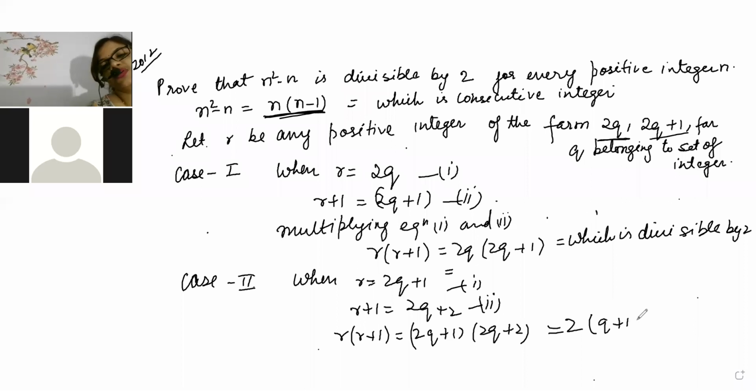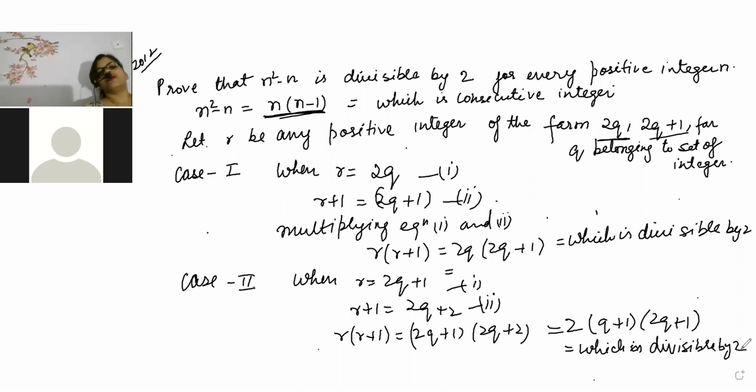So it will be q plus 1 and 2q plus 1, which is divisible by 2. So n square minus n is divisible by 2 for every positive integer n.